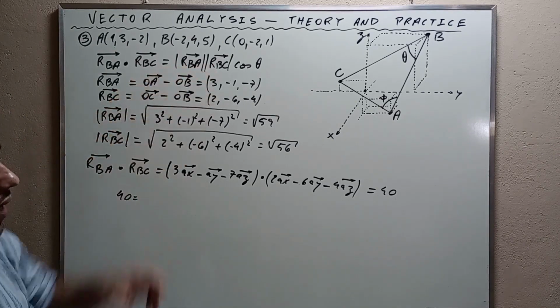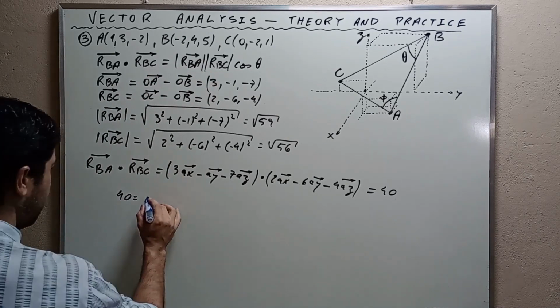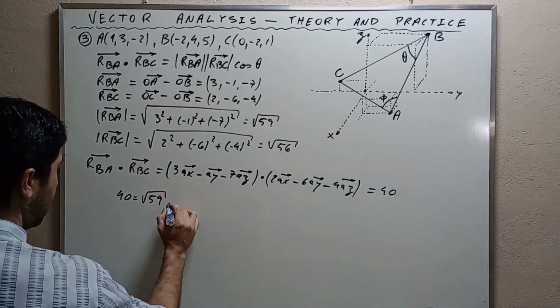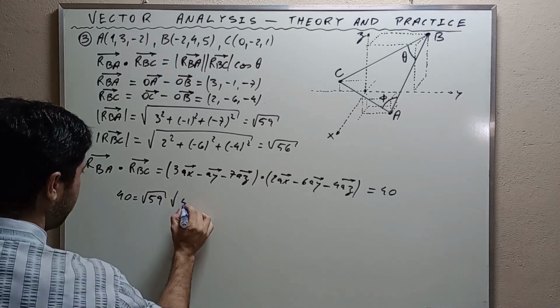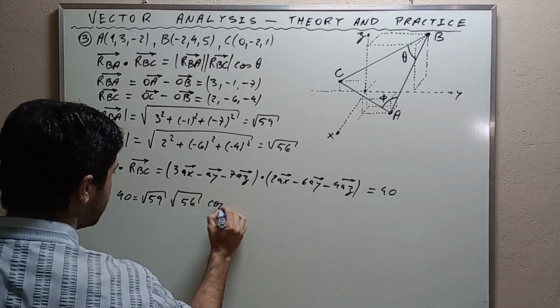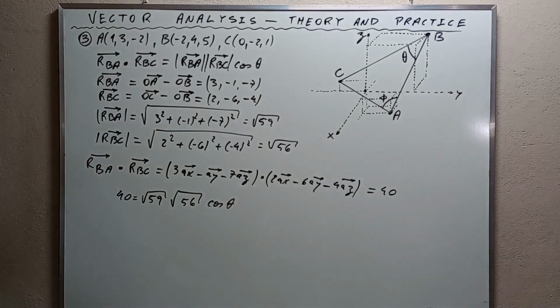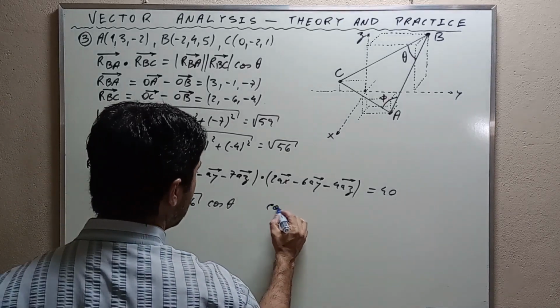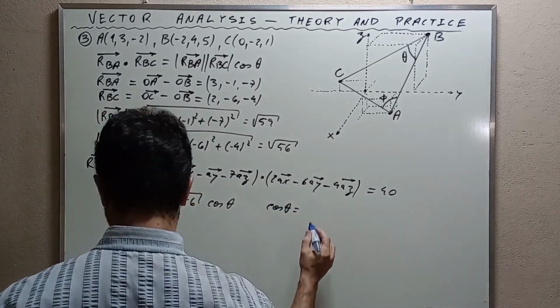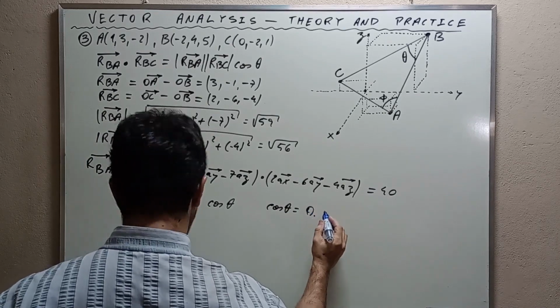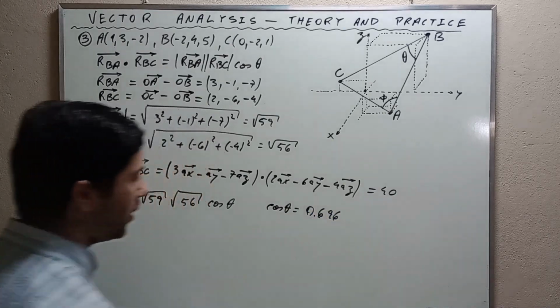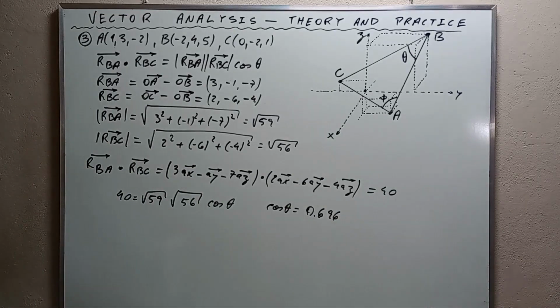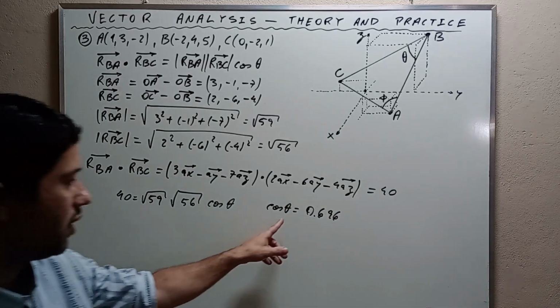The product between the magnitudes, the square root of 59 times the square root of 56 times the cosine of theta. If we pass this dividing, the cosine of theta is 0.696, but we don't want the cosine. We want the angle.